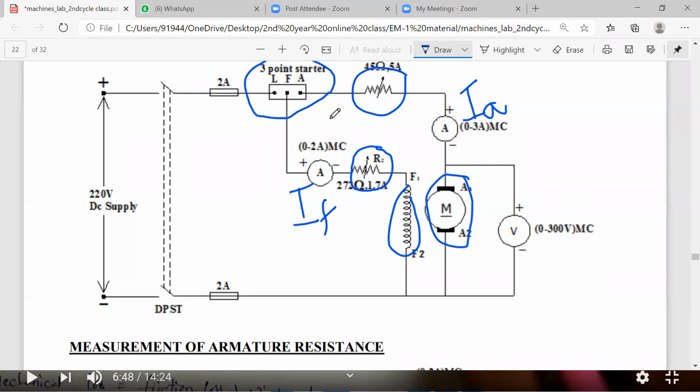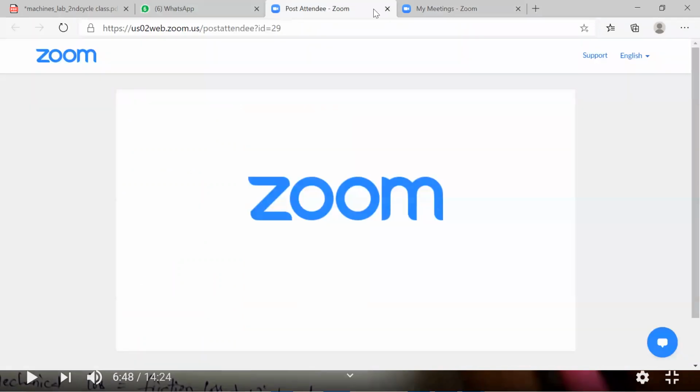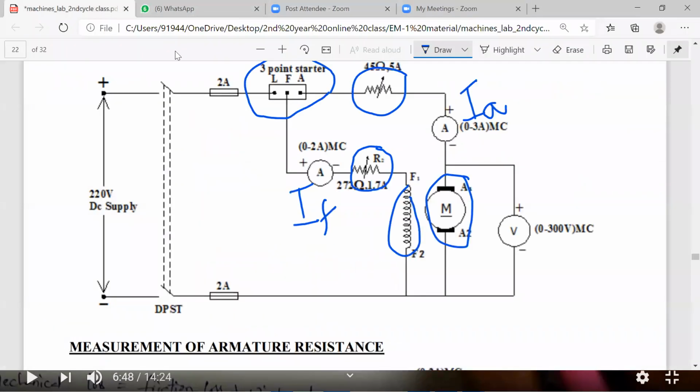If you start the motor without a starter, because of the large current at the time of starting, the motor will be damaged. To avoid that, we use starters. This voltmeter measures voltage across the armature.